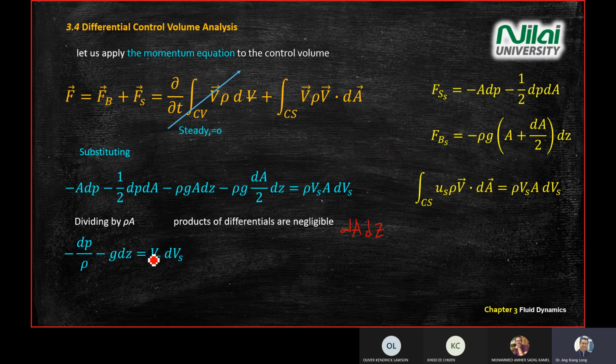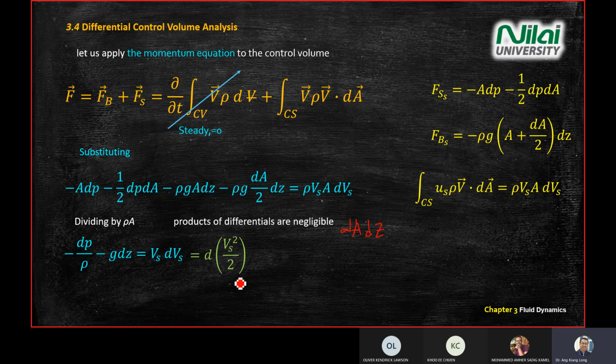Again, V here is a volume. It's not velocity. This equals dV squared divided by 2. This term you can write as dV squared divided by 2.